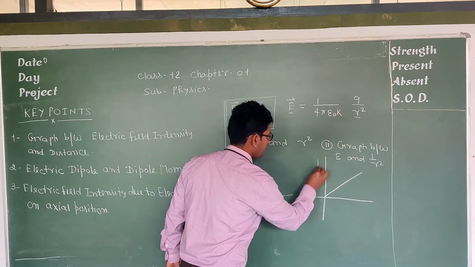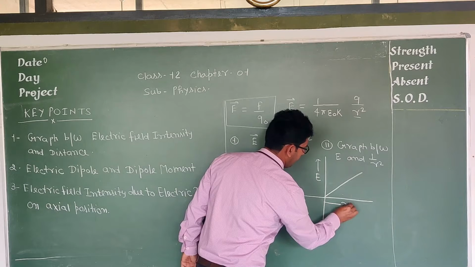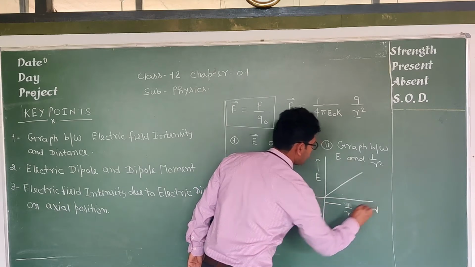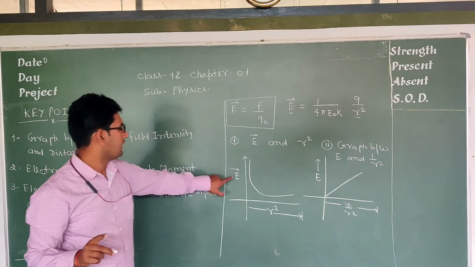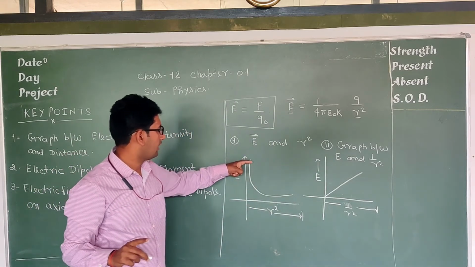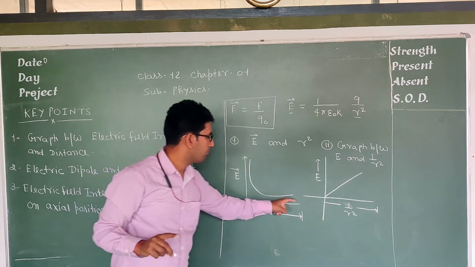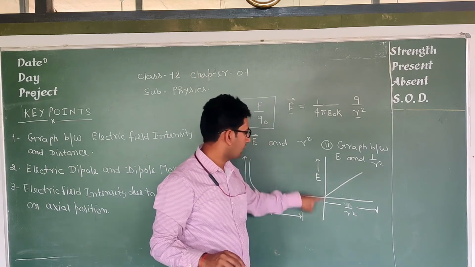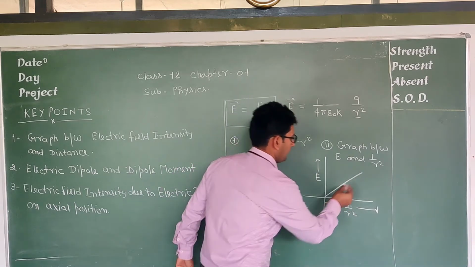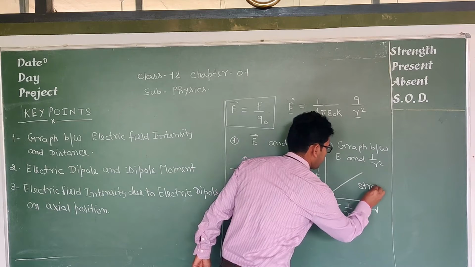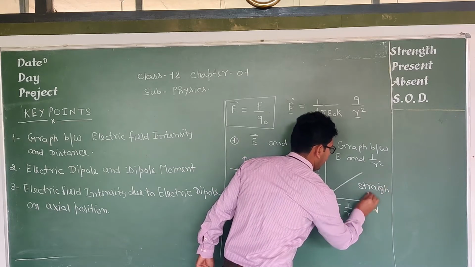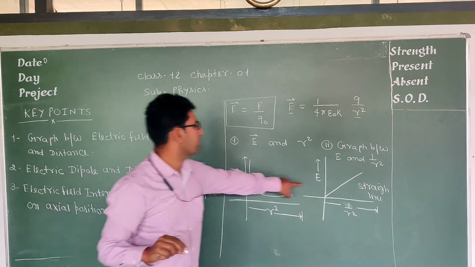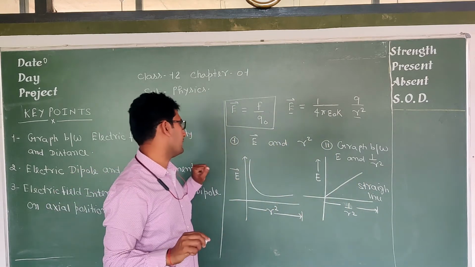If E is here and 1 by R square is here, means if the graph is between E and R square, then the graph is in this form. If the graph is between E and 1 by R square, then the graph is a straight line. Dear student, it is very important for your competitive exam.